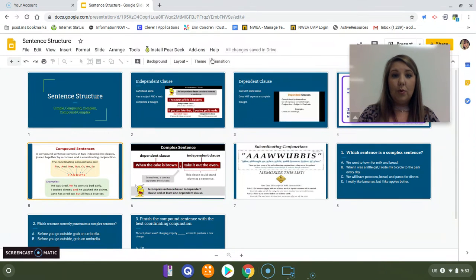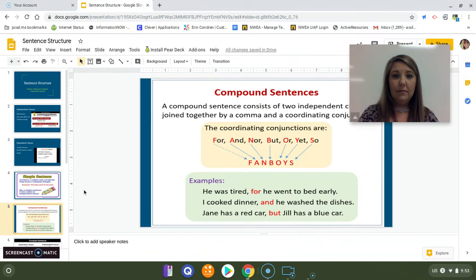Jane has a red car. Jane has a red car, but Jill has a blue car, okay?